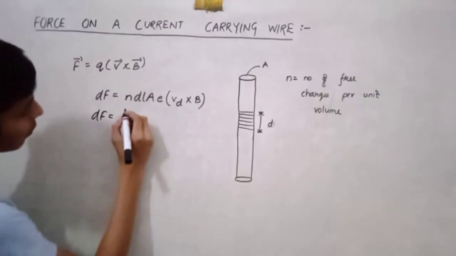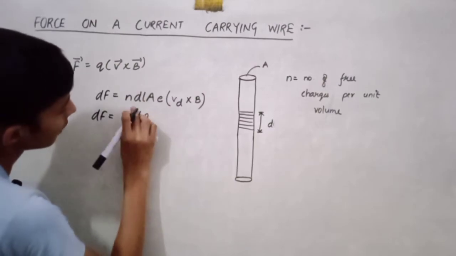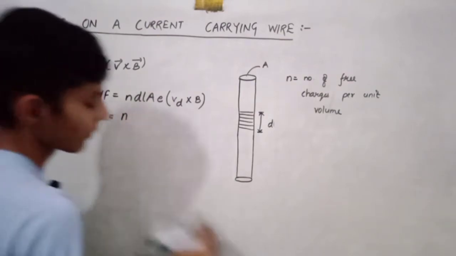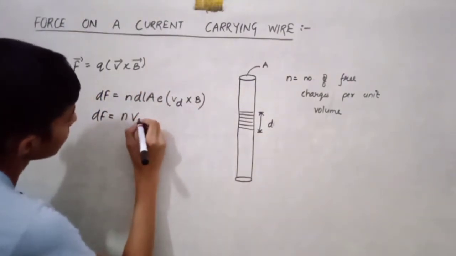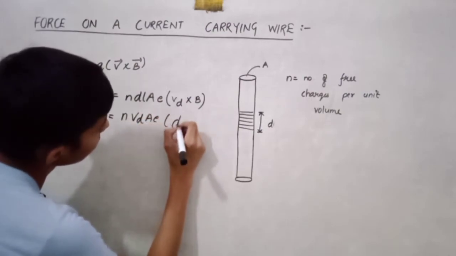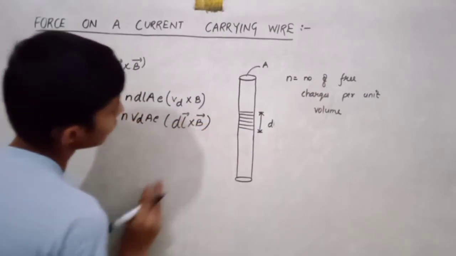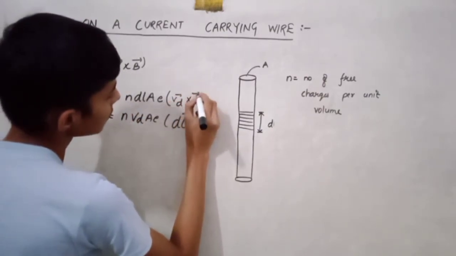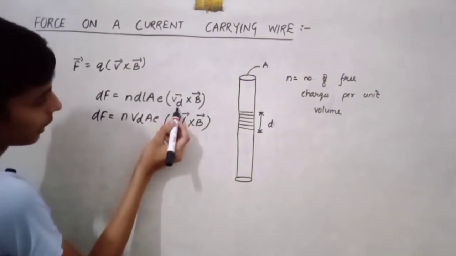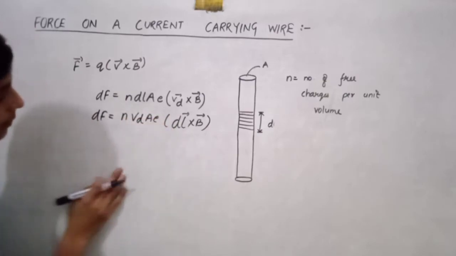Now dF equals n dl A e vd, into bracket, dl into B. I simply take out vd from the bracket and place dl in the bracket.